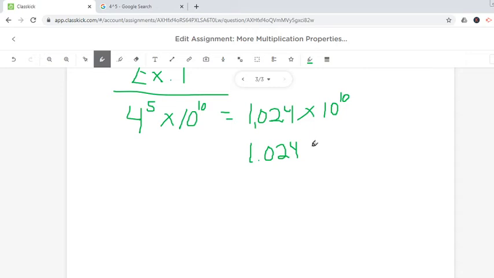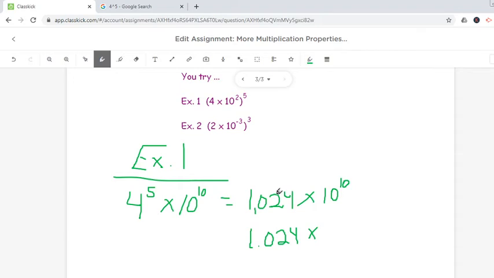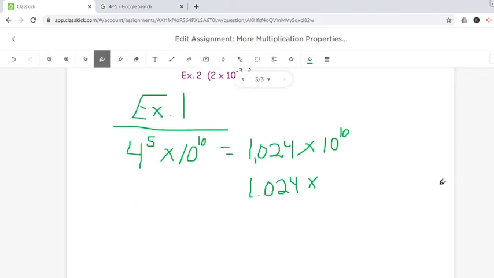But we've changed this number, so we need to change this number so it's equal. So for this number, when we have it to the 10th, that means we have 10 zeros. So we need the same result.